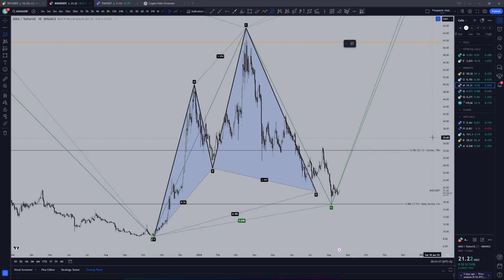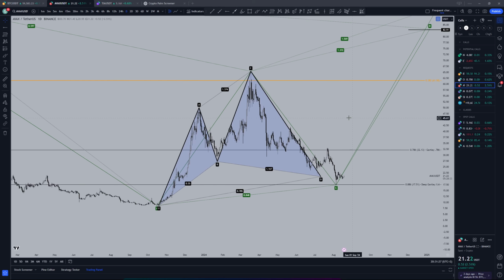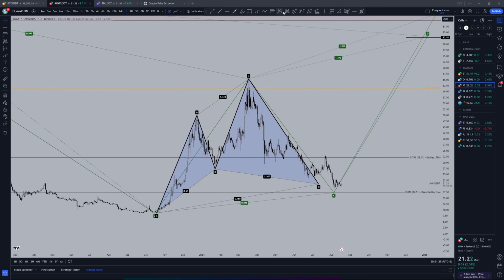So the thing to know about the cipher tool is that it takes this 0.786 measurement not from point A, but from point C. If you ever wonder which tool to use, you essentially use the XABCD for every single one of Carney's harmonics, so everything except for the cipher.